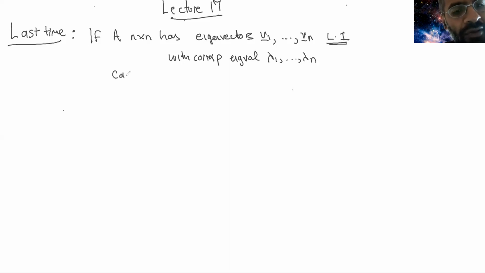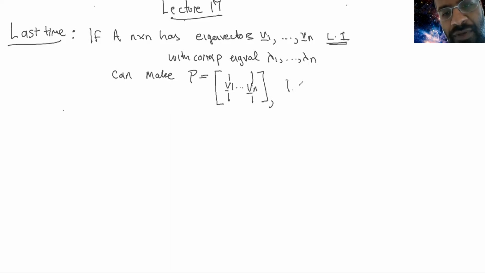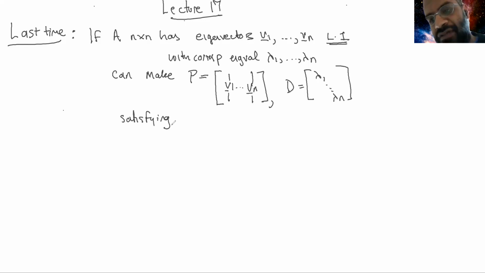Then what you do is you can make the following matrices: a square invertible matrix P containing the eigenvectors, and a diagonal matrix D containing the eigenvalues. And then we verified, and this was just an algebraic check, that this satisfies A equals PDP inverse.